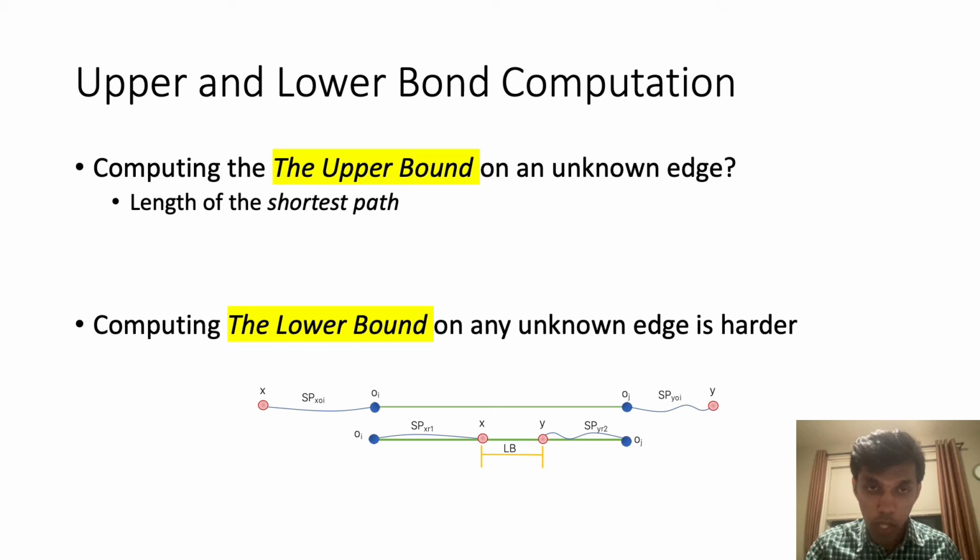And then all you have to do is to wrap these two shortest paths around the edge, and that gives you the lower bound. And you will have to find these lower bounds using each of the known edges in the graph, and then you declare the maximum as the answer.